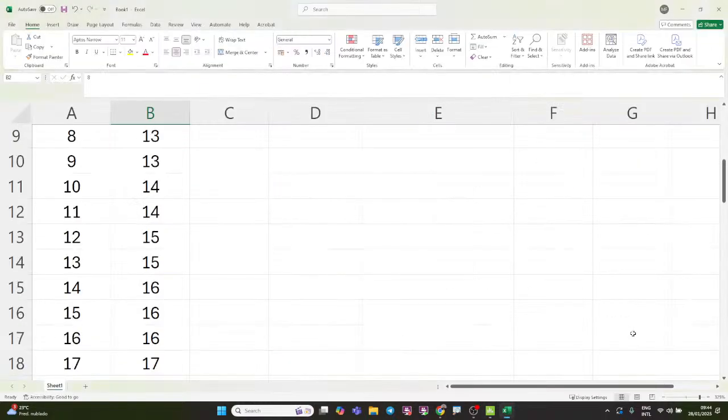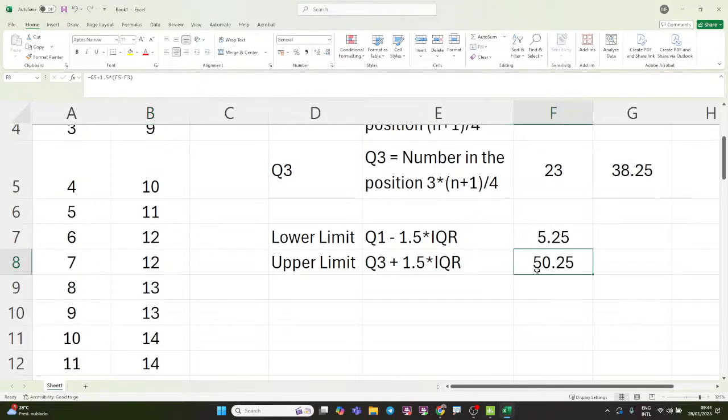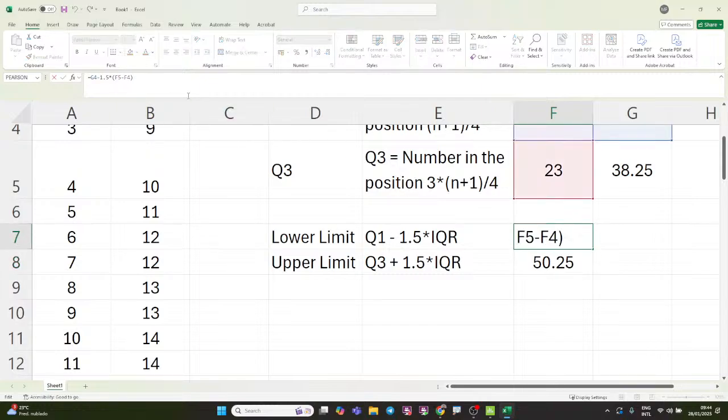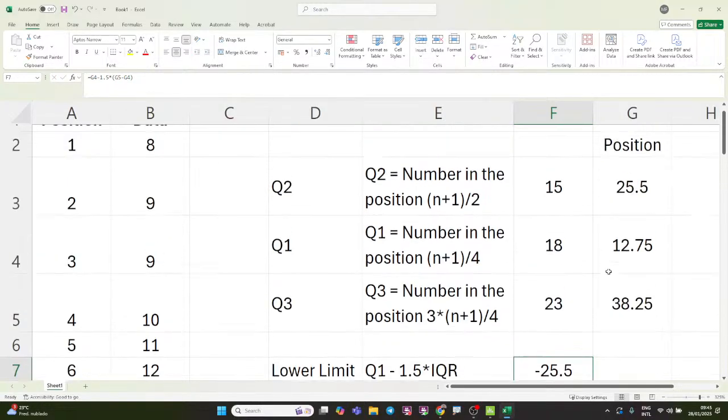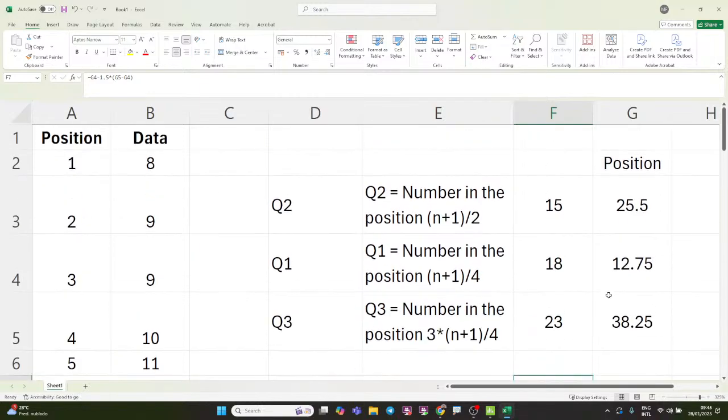Yeah, the problem is that I took the position. So it's not F, it's G. So G5 and G4. Not the position, it's really the number.